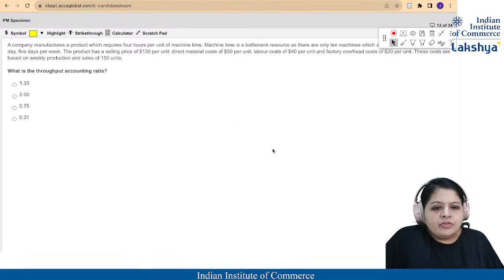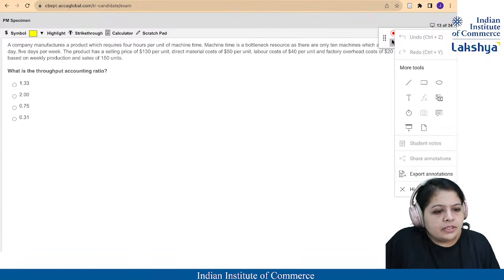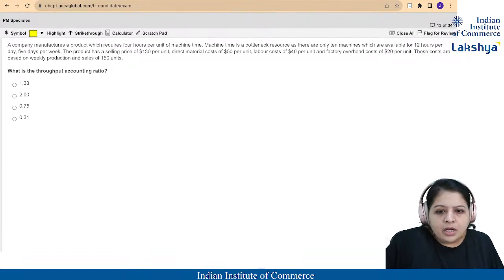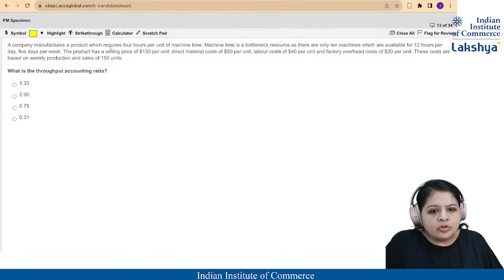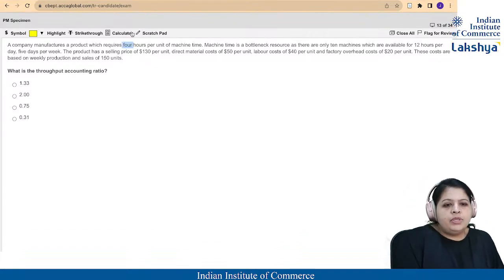A company manufactures a product which requires 4 hours per unit of machine time. If you don't read this question, you miss out on this 4 hours. Machine time is a bottleneck resource, and there are only 10 machines available.